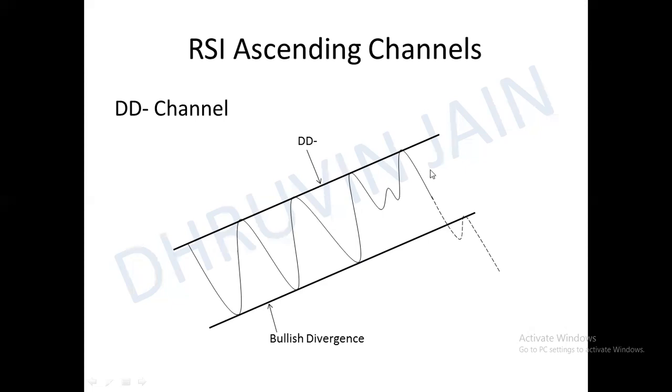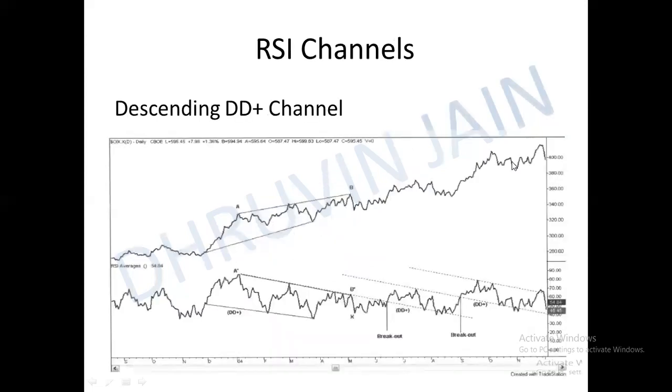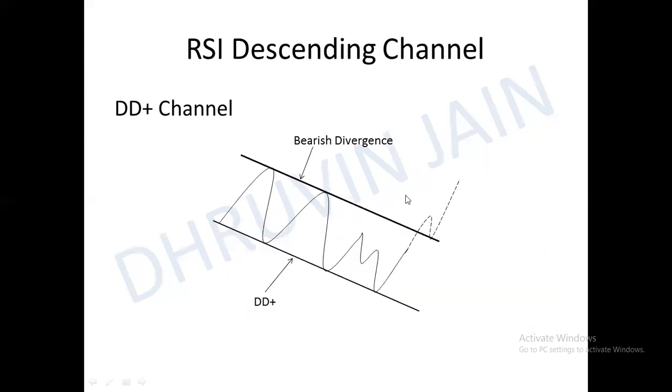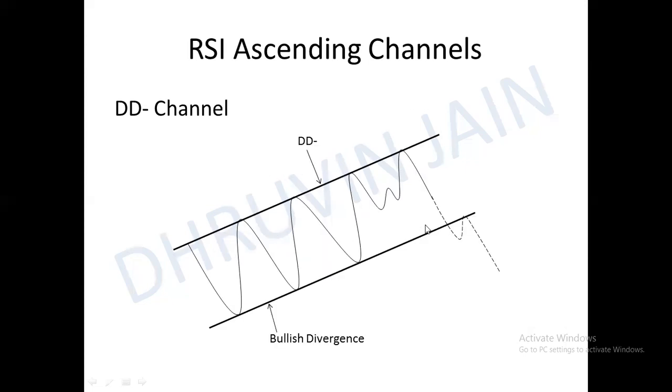To know that the RSI is continuing its trend, RSI has to break from the lower side of the ascending channel. In an uptrend, the RSI has to break the upper side of the descending channel, whereas in a downtrend, the RSI has to break the downside of the ascending channel to continue their original trend.